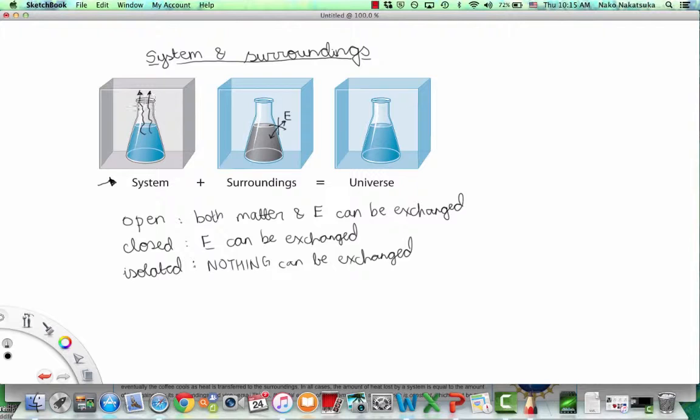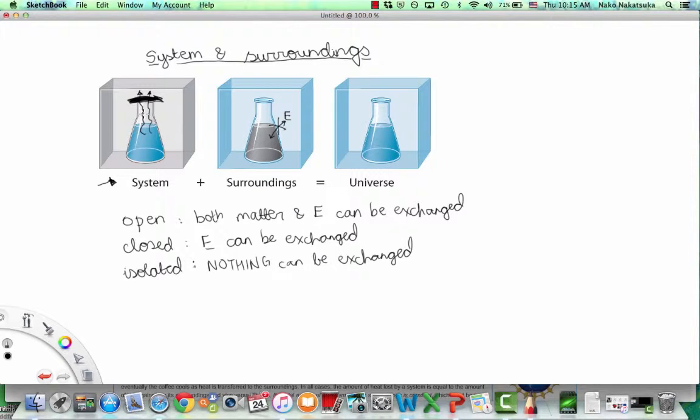However, if we seal this beaker of water, let's seal it with, let's say, some paraffin, where it can no longer exchange matter with the outside world, then this is a closed system, where energy can still be exchanged, but water can no longer evaporate, and it's going to just condense back in the normal state.